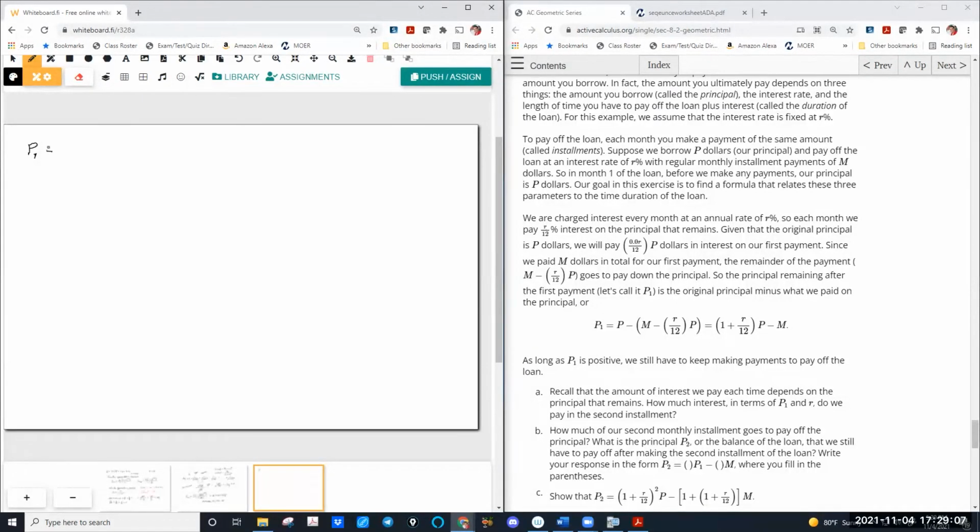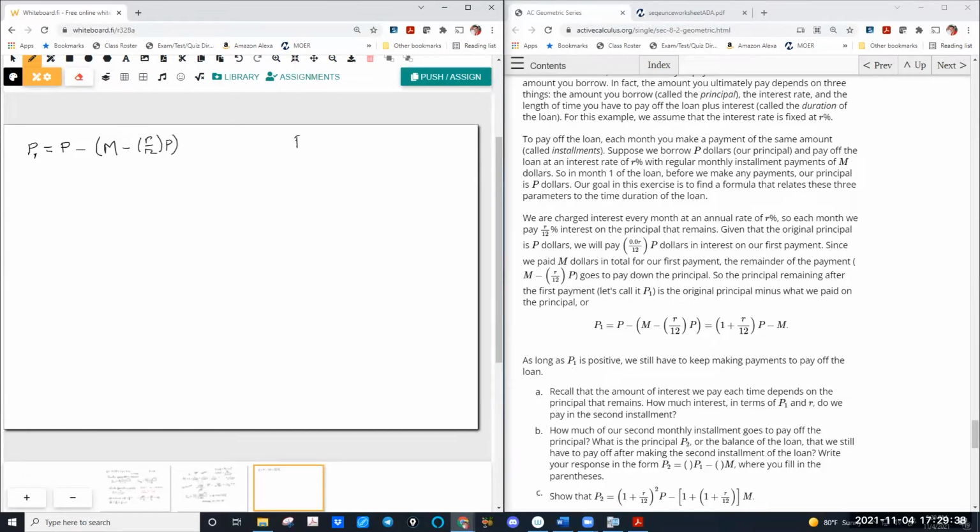So what's going to happen is we're going to have some principal amount, and that is going to be decreased by our monthly payment less the amount that we paid in interest. Okay? This is the amount we paid in interest. The rest of our monthly payment went towards the principal. So our principal after 1 month is our initial amount. This is our initial amount, the initial loan amount.